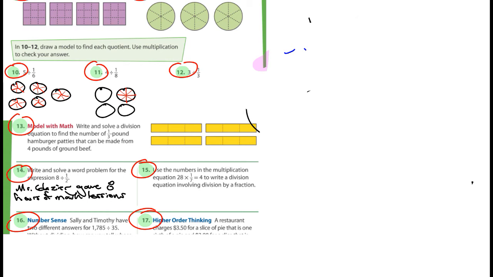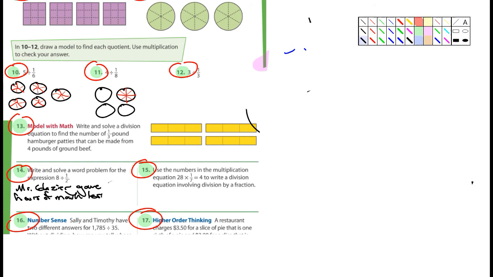Oop, I didn't spell it right. Man, I messed up my 8. Math lessons. Okay. Gave 8 hours of math lessons. And each was a half an hour long.